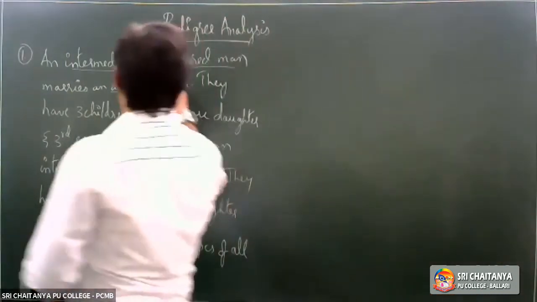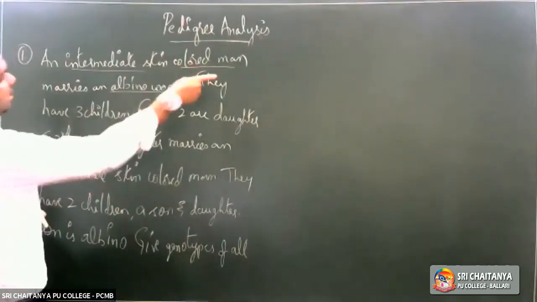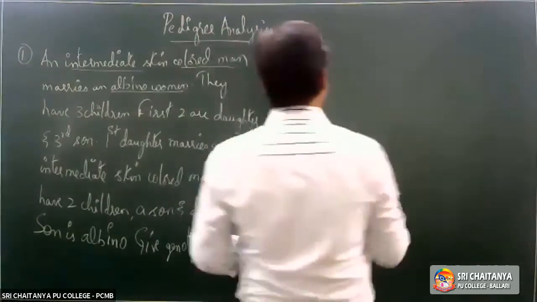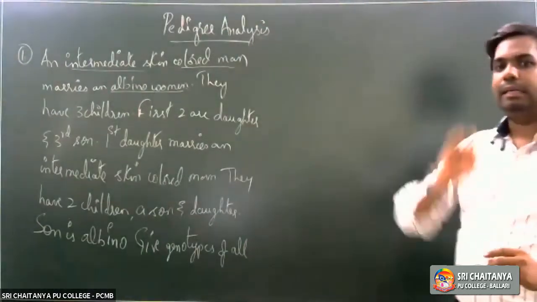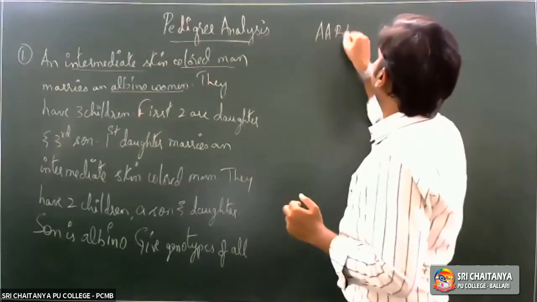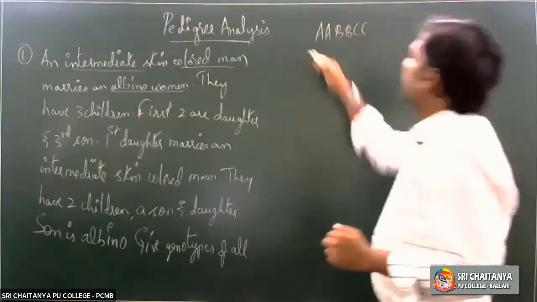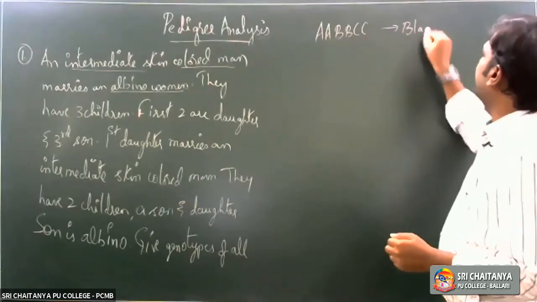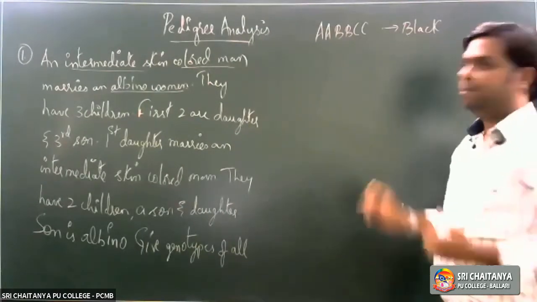So here we are told it is an intermediate skin colored man. Recollecting polygenic inheritance, we said that there are three genes: AA, BB, and CC. If all six are dominant, the skin color is black.